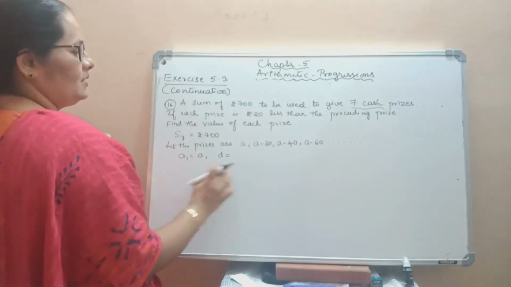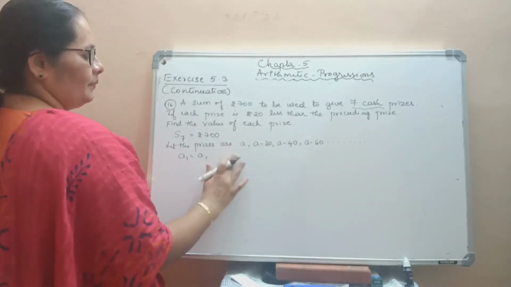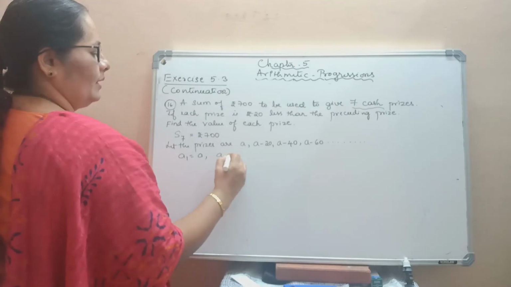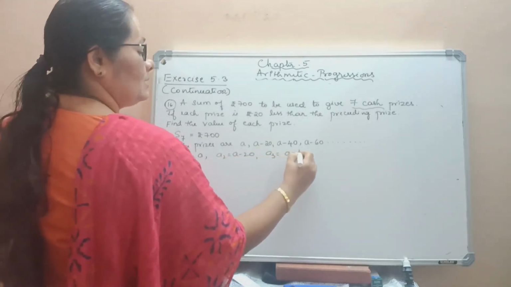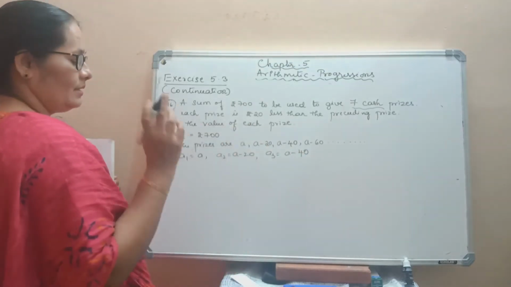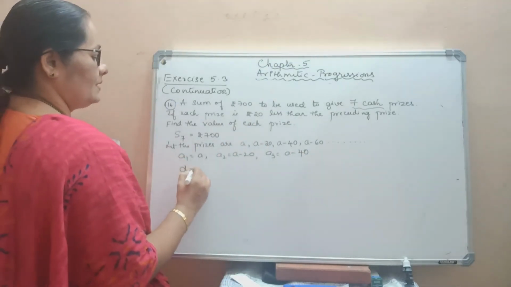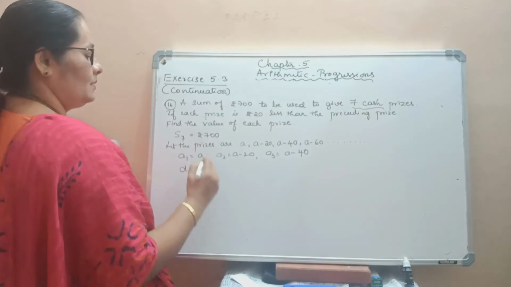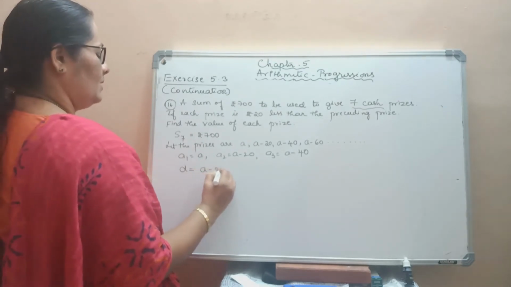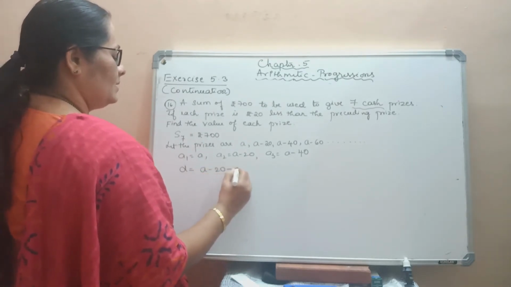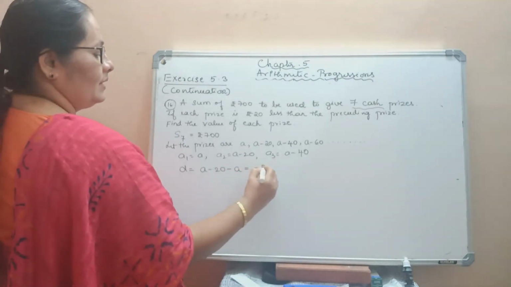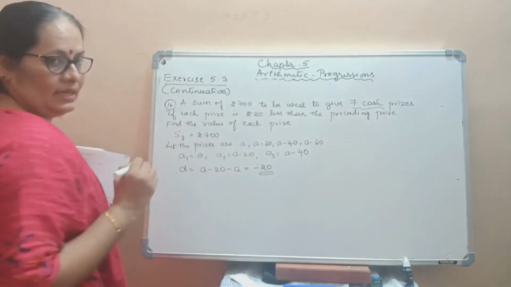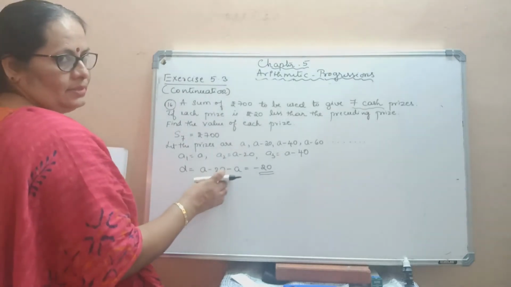Now the first term is A, the second term is A minus 20, the third term is A minus 40. Now find the common difference. Common difference is second term minus first term. So A minus 20 minus A. So what is the difference here? Minus 20. The difference is minus 20. Why?